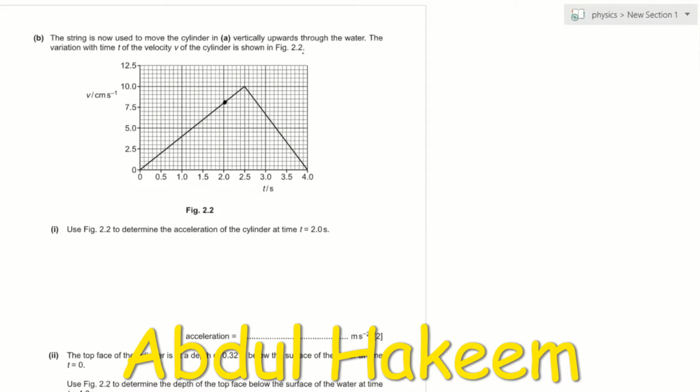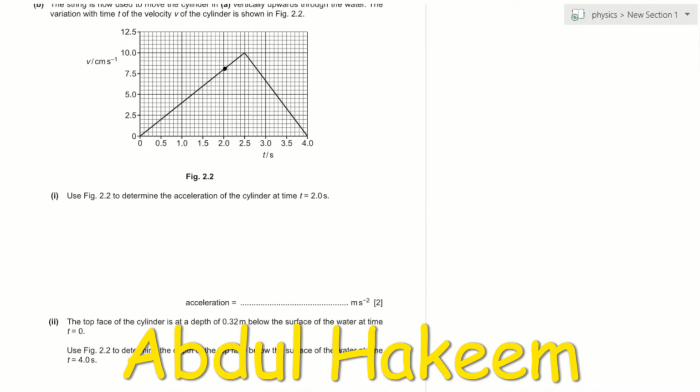It's a straight line, so we have to calculate the gradient of the line. The gradient of the line is change in velocity divided by time. So the velocity change is 10 for this point and 0, so 10 minus 0 divided by the time difference, which is 2.